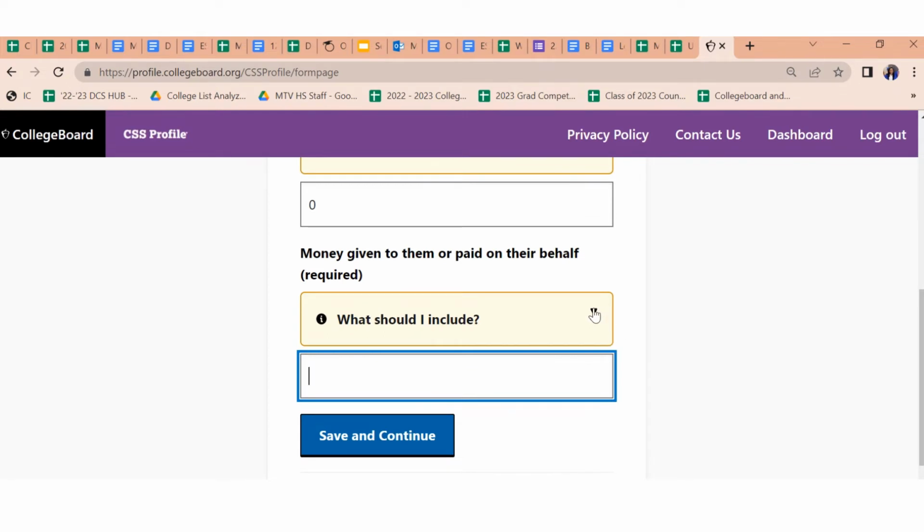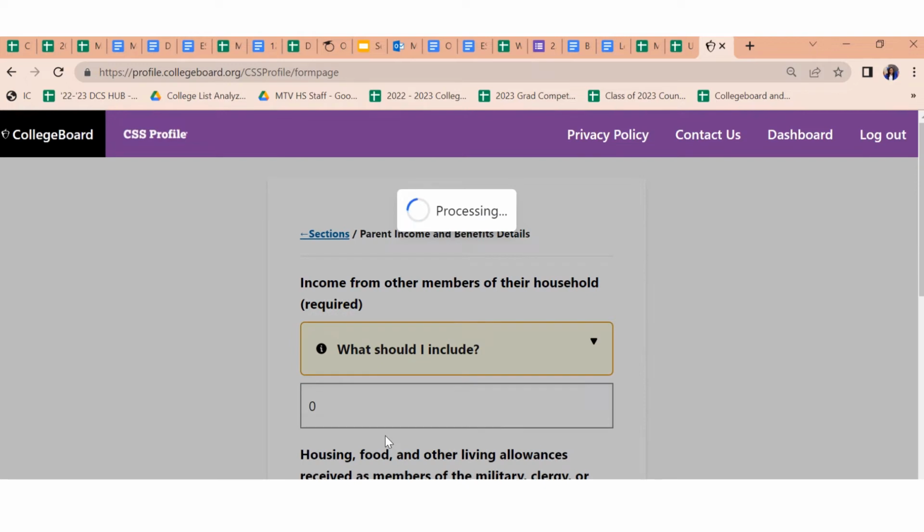And then again, this is asking about additional income that might not be shown anywhere else that this parent is receiving on their behalf. So again, many people will put 0 here, but you would want to only put a number here if it was a set amount that you are receiving regularly. Again, please check with your college counselor if you have questions on these.